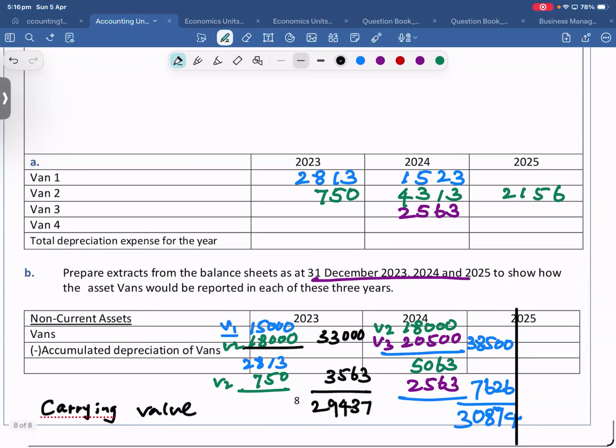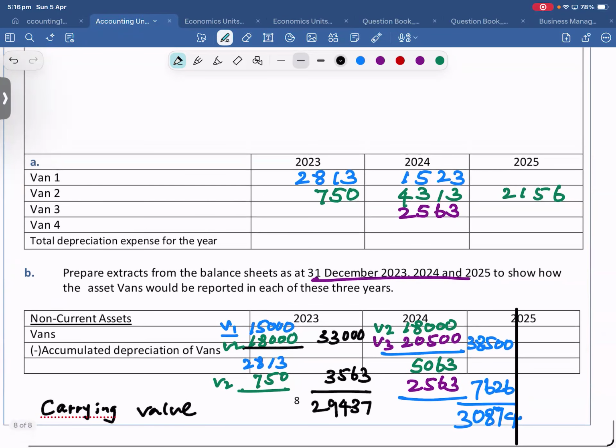Right. Finally, V3 24 is done. We'll do it for 25. So Jan 1st, 25 to December 31st, 25.